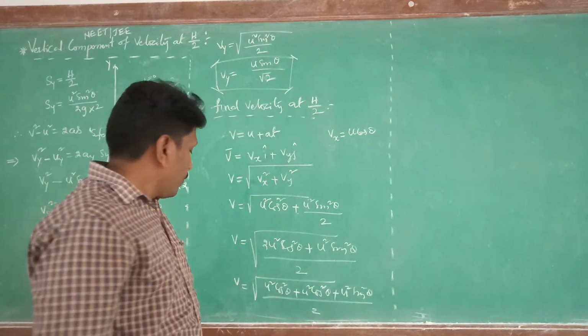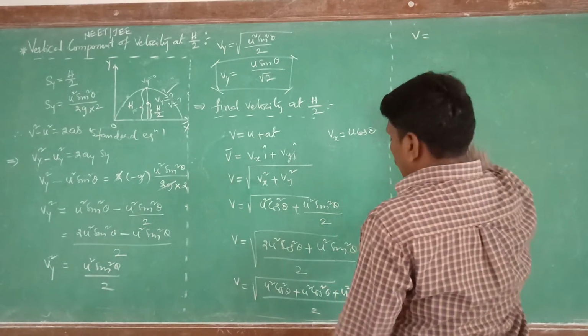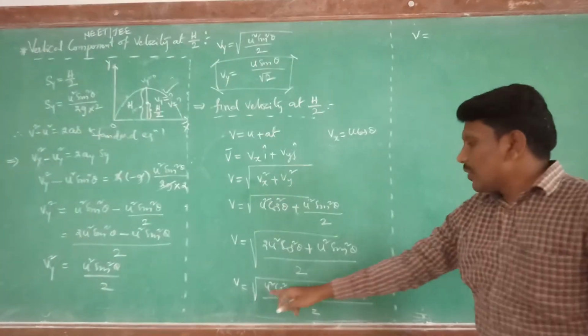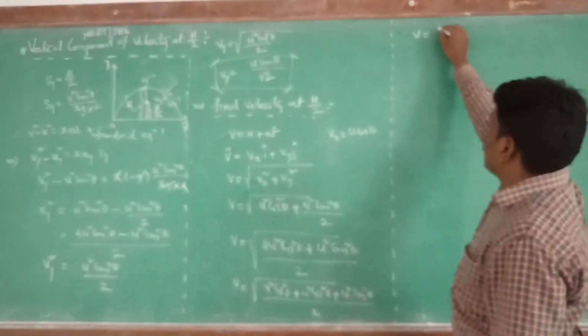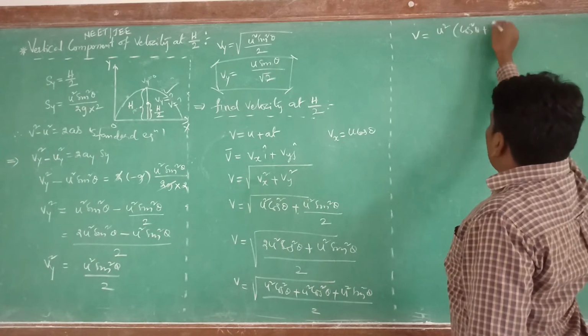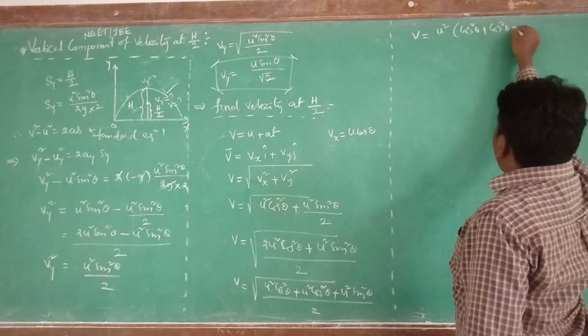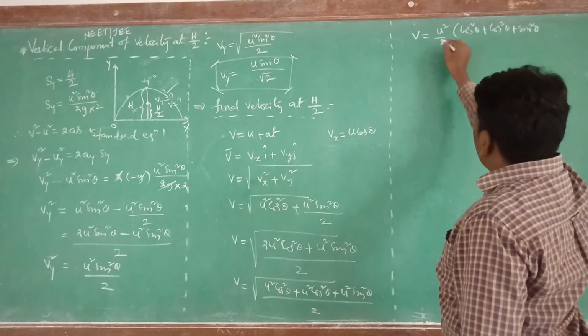Now u square is common, so v is equal to the square root of u square times cos square theta plus cos square theta plus sin square theta, by 2.